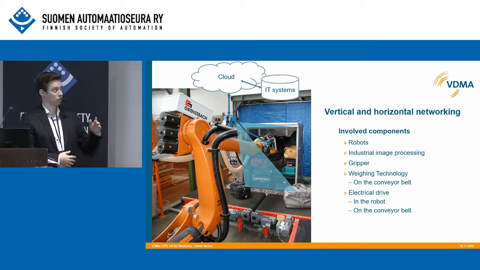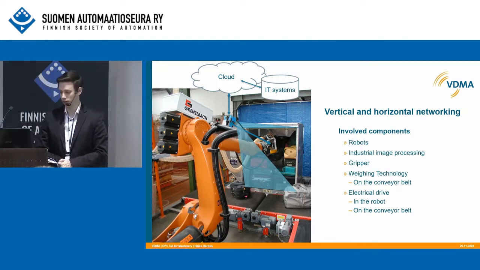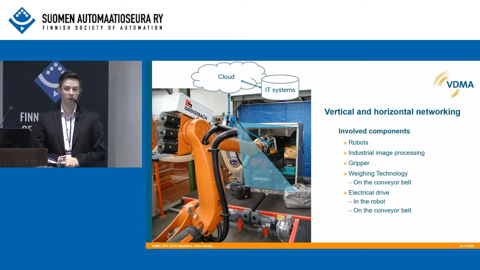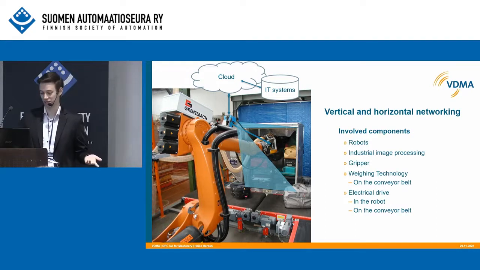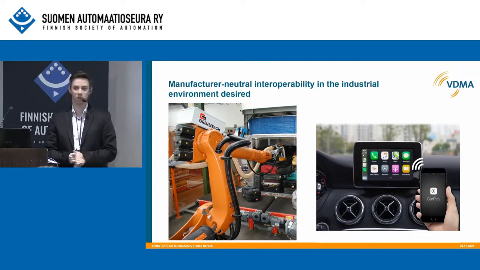And they should also be connected to, for example, an MES system, ERP system, a cloud, something on top level. So we need vertical and horizontal networking, but we need to put in a lot of work so that it works in the end. And what we want to achieve is the same that we already know from our personal life.